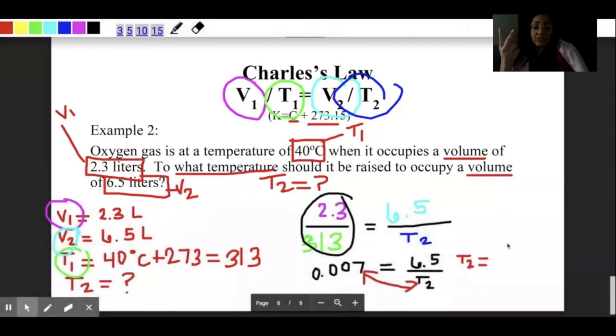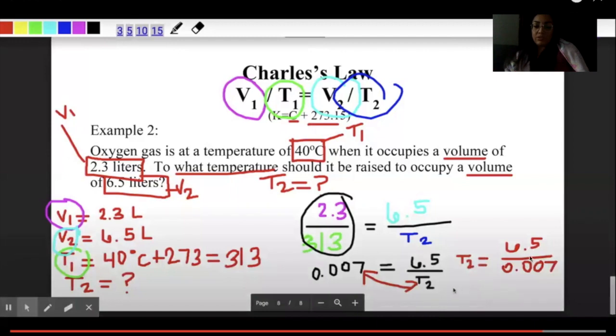And we'll get the T2 alone, and we'll have 6.5 on top divided by 0.007 because that was what switched places with the T2 in the first place. It seems really difficult to manipulate everything, but it's not if you just solve the left side first and then switch over whatever's in the bottom. And then what we're left to do is simplify.